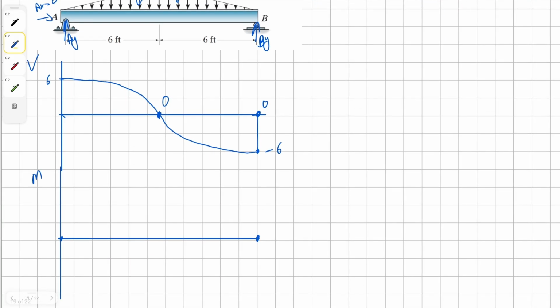Now for our moment diagram, we have a second order curve for the whole of the shear diagram.